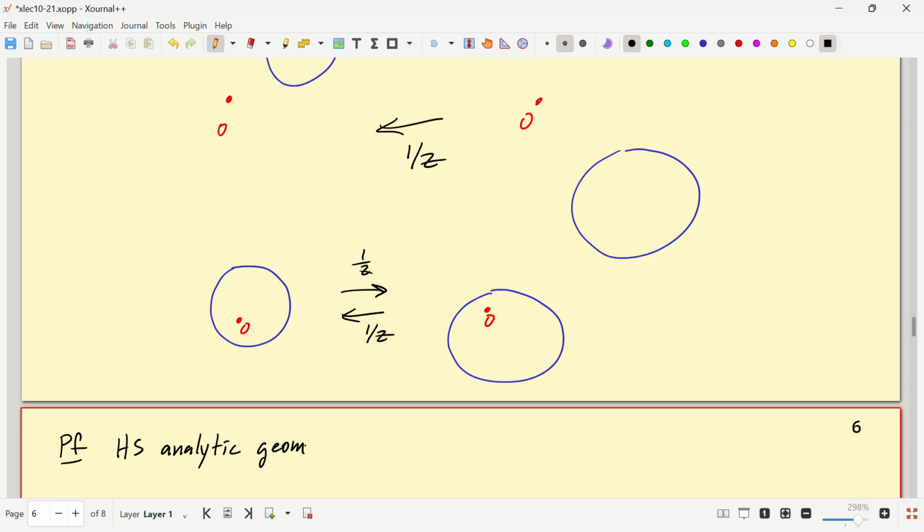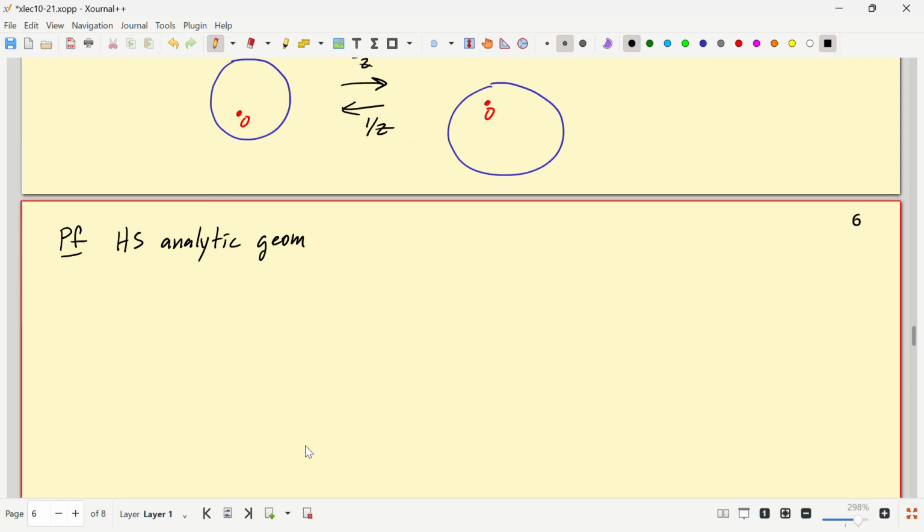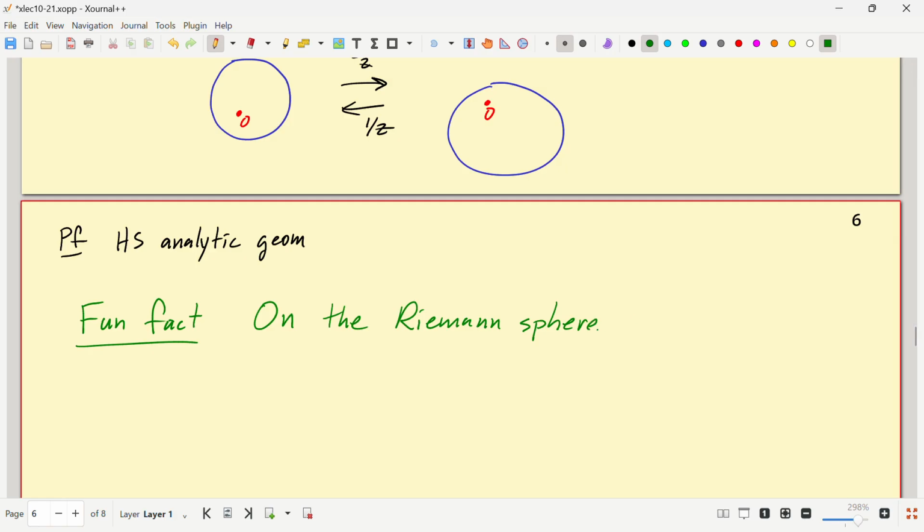Well, a fun fact that I should mention. On the Riemann sphere, lines and circles correspond to slices.